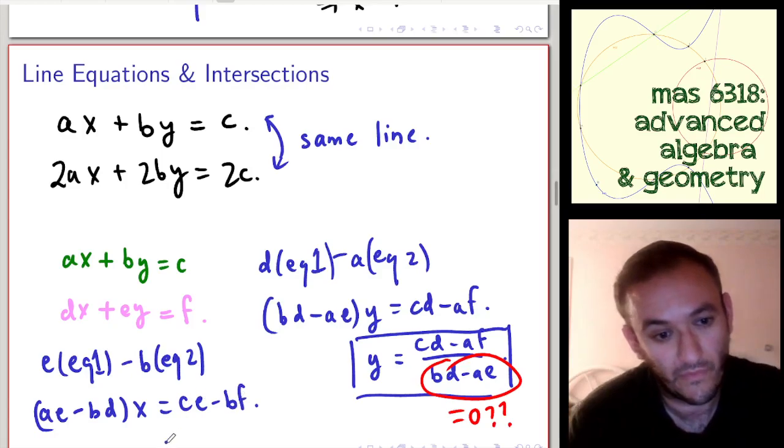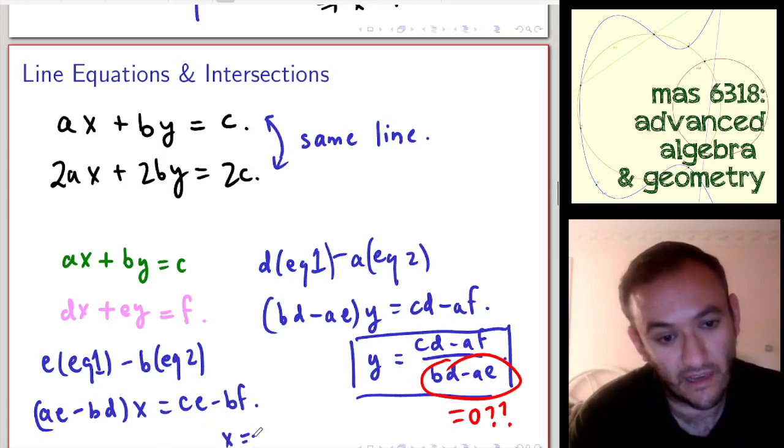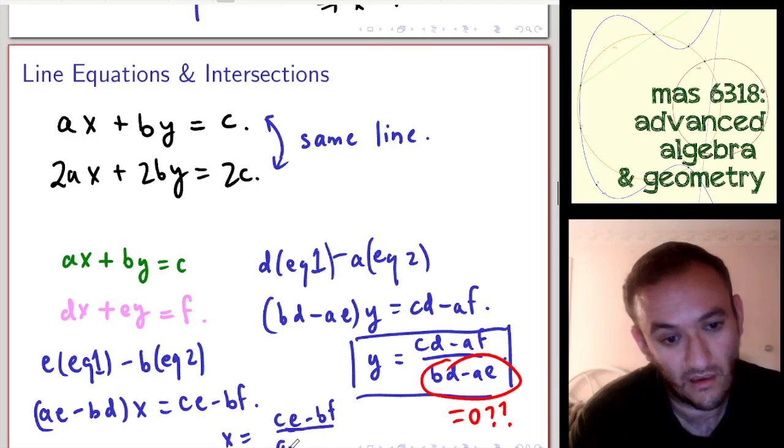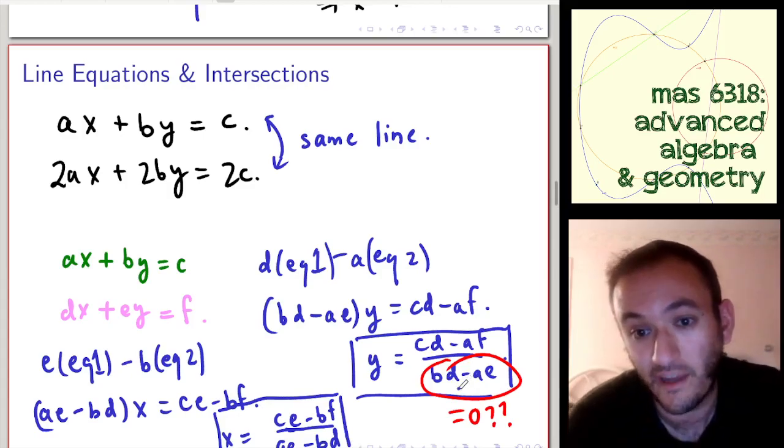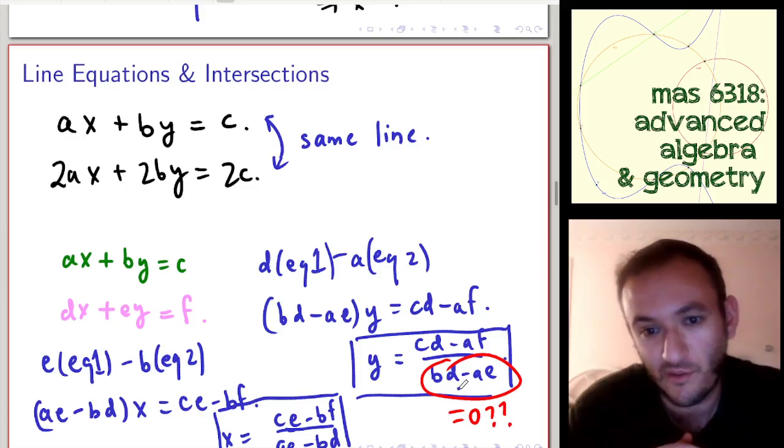And then you would get x equals (ce minus bf) divided by (ae minus bd). And of course, if bd minus ae is 0, then so will ae minus bd be 0, but we're setting those cases aside.